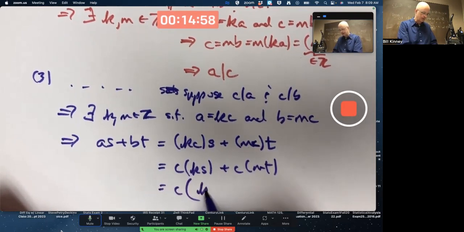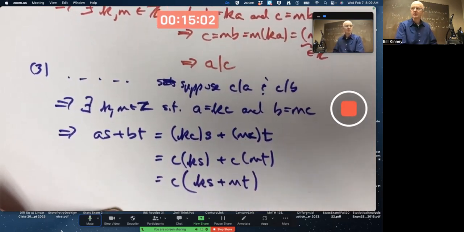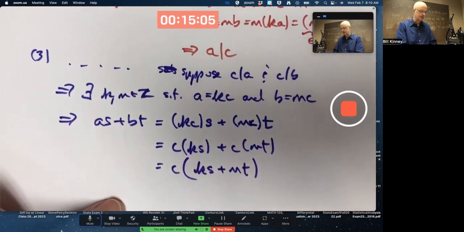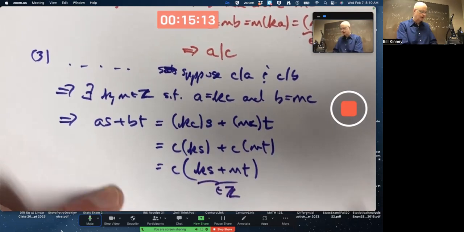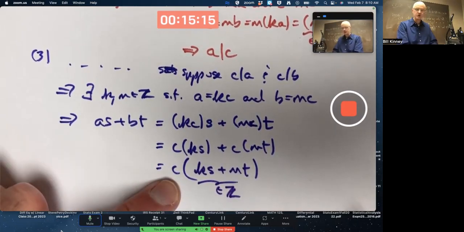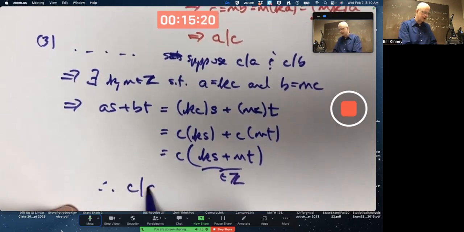Okay, this is the distributive property. You do need to make sure you put parentheses around the KS plus MT. And yeah, by closure of the integers under both multiplication and addition, this is an element of Z. So AS plus BT is an integer multiple of C. Therefore, C divides AS plus BT.